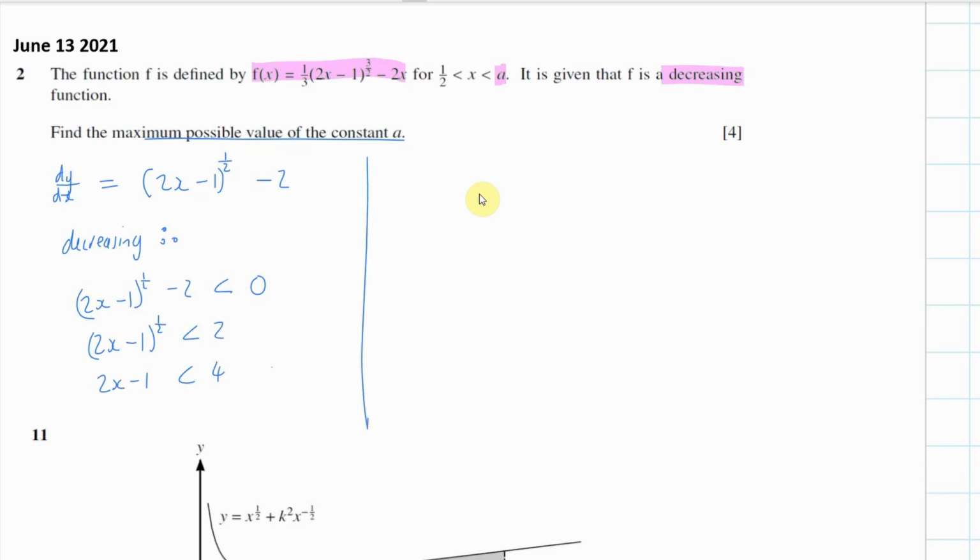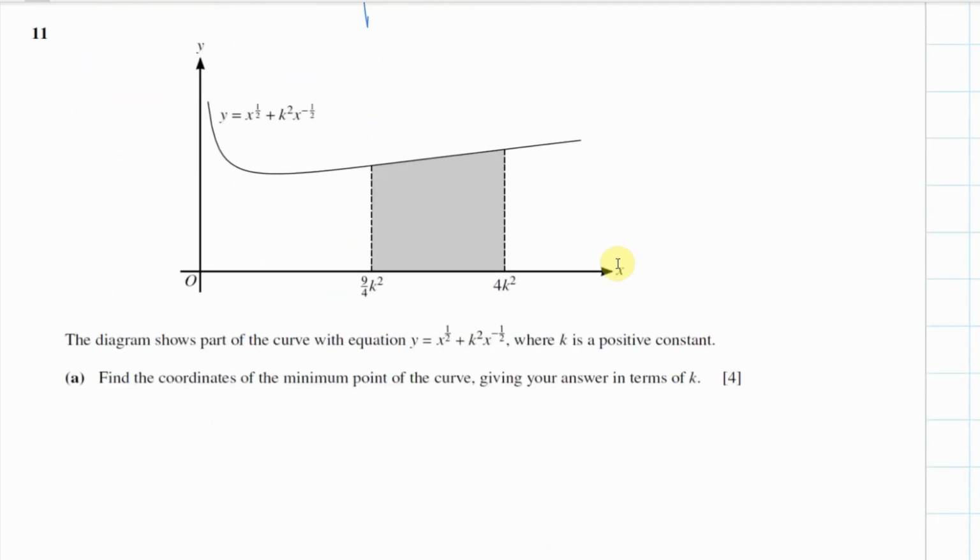And 2x is less than 5. So x is less than 5/2. So that means that a equals 5/2. That's the maximum value it can be. All right, well, that was all right. Let's move on.